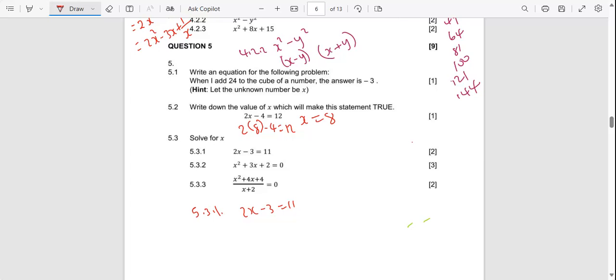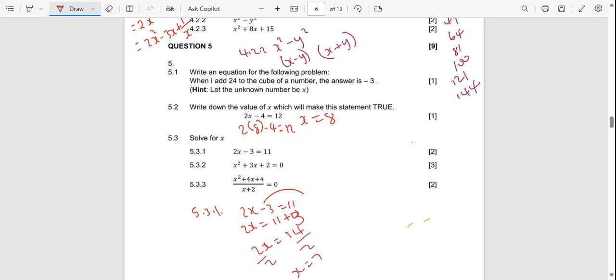So 2x will be left on my left hand side, and I will take this negative 3 to my other side. It will change sign. It's going to be positive 3. 2x is going to be 14. And then I'll divide by 2. x is 7.